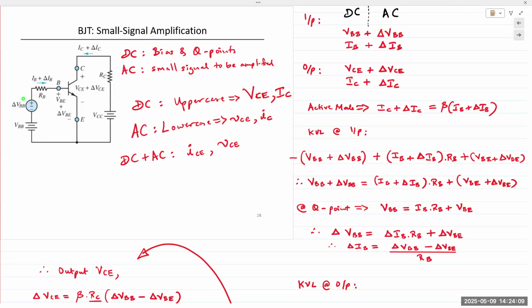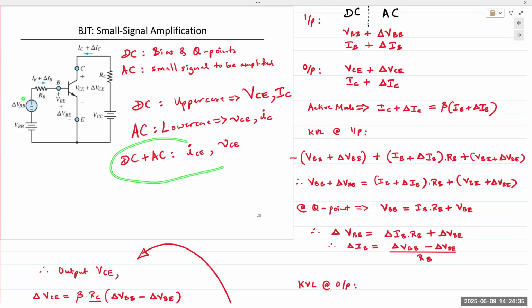All right. So in general, DC is represented with uppercase notations, where the quantities V and I are uppercase, and the subscripts are also uppercase. For AC, we use lowercase. Quantities as well as subscripts are both lowercase.